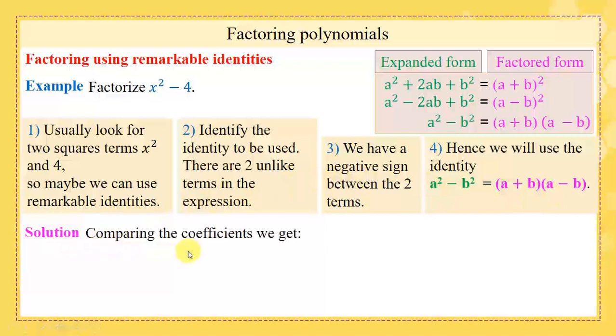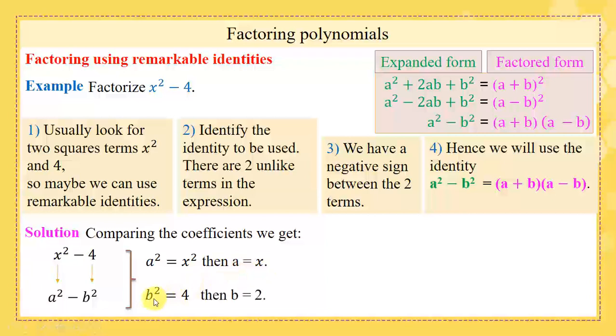Solution: we will compare the coefficients. Here the first square term is x squared, so it will be equal to a squared. The second square term is 4, which is 2 squared. So a squared equals x squared, then a equals x. B squared equals 4, so b equals 2.